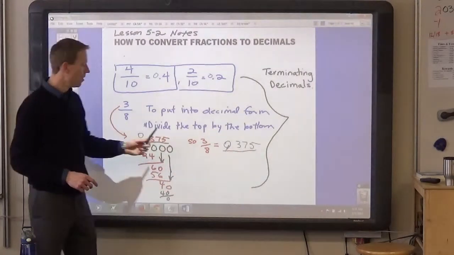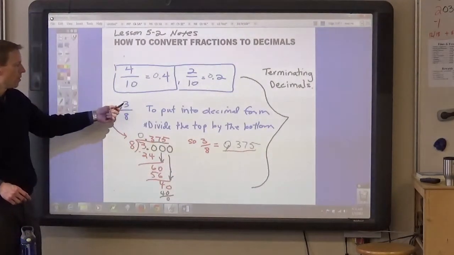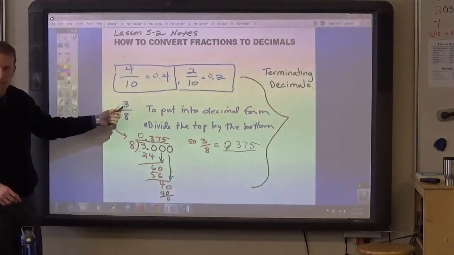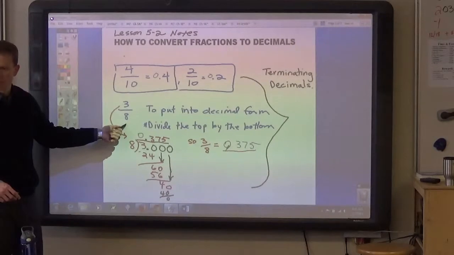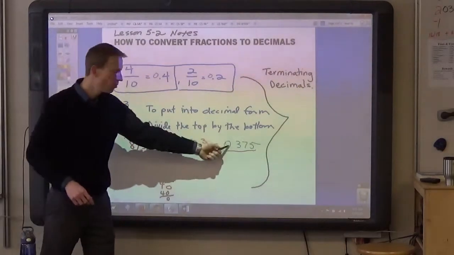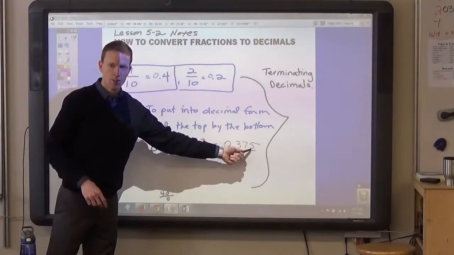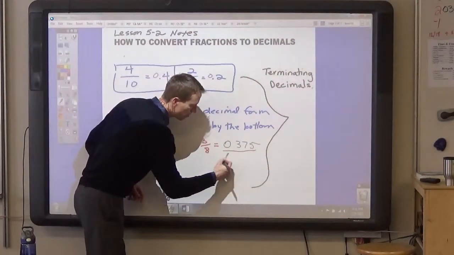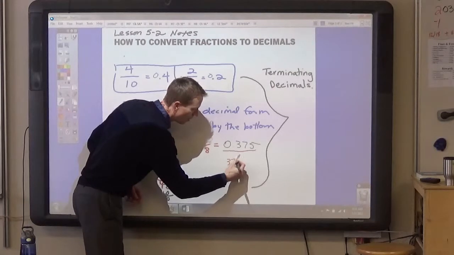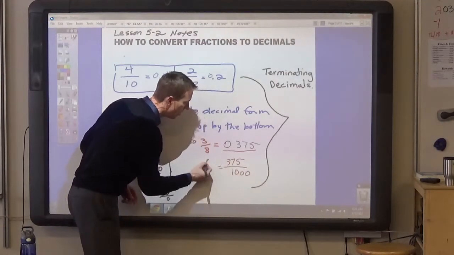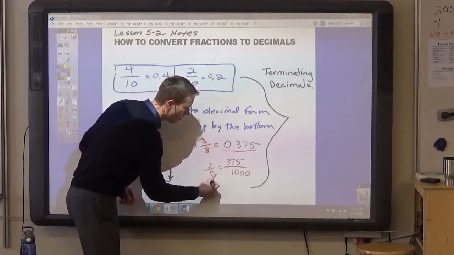Okay. So to review, you change a fraction to a decimal by dividing 3 by 8. And you would change a decimal to a fraction by first reading it, writing it as a fraction, and then reducing it to lowest terms.